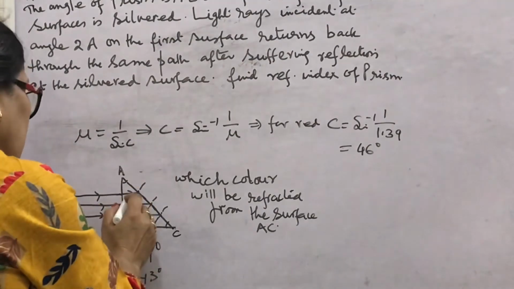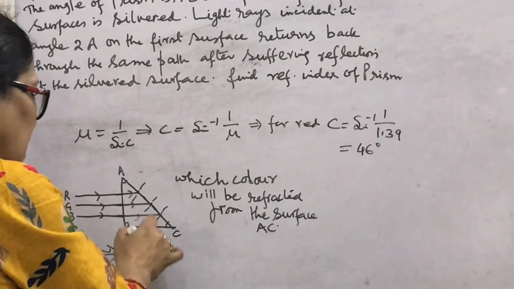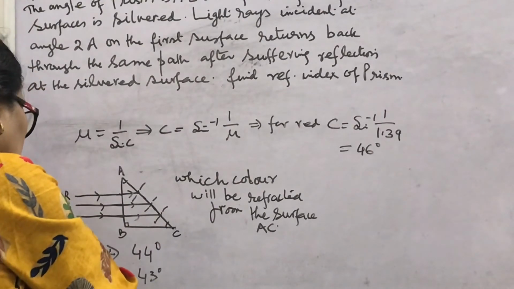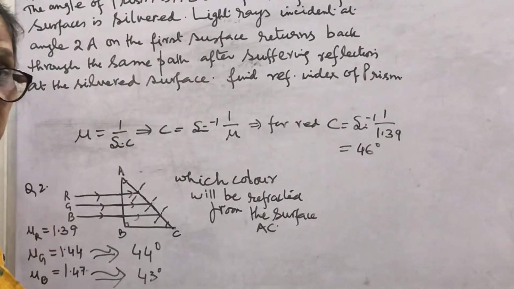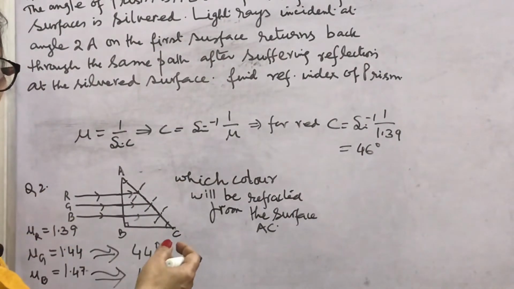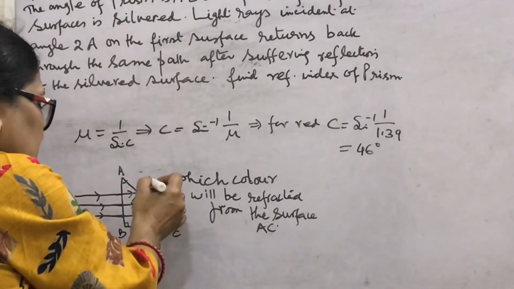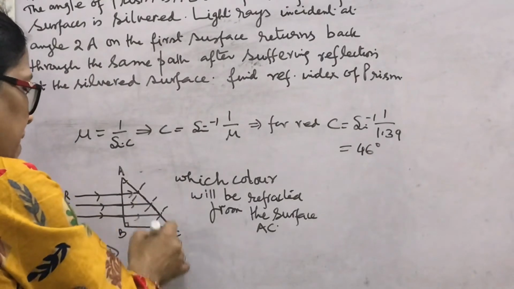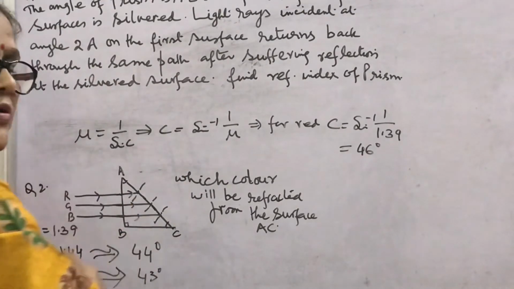Now for angle of incidence 45 degree, the critical angle for green and blue color is less than 45. So angle of incidence for these two colors is more than critical angle, so they will be reflected back, that is TIR will take place with the green and blue color.